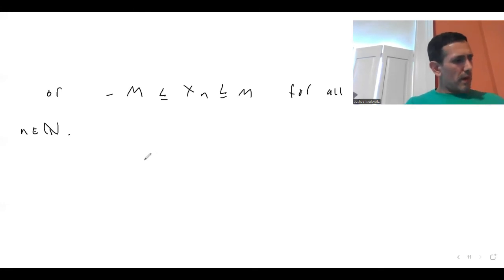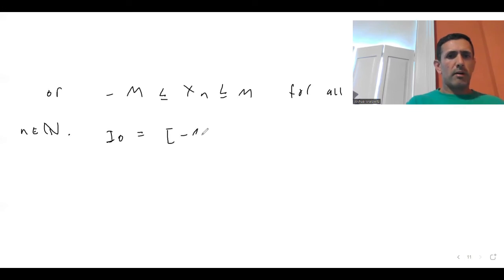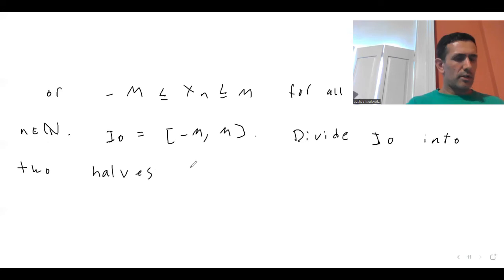So I'm going to use the nested interval theorem. Let's start off with my first interval, I_0, which is just minus M to M. I divide I_0 into two closed interval halves called I_1 prime and I_1 second prime. The picture here is very straightforward.